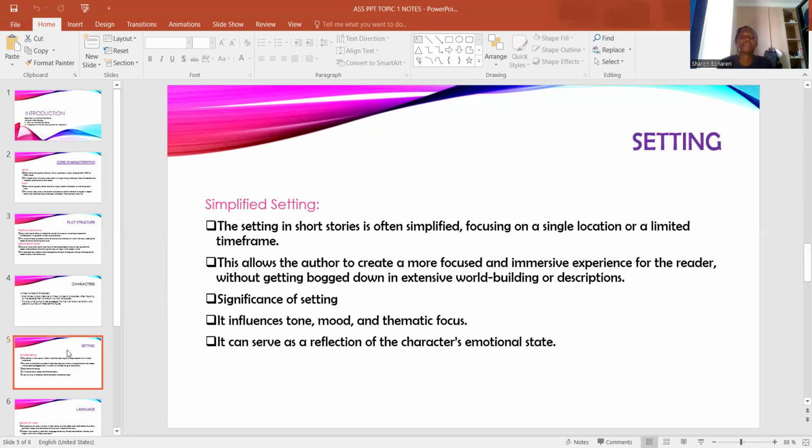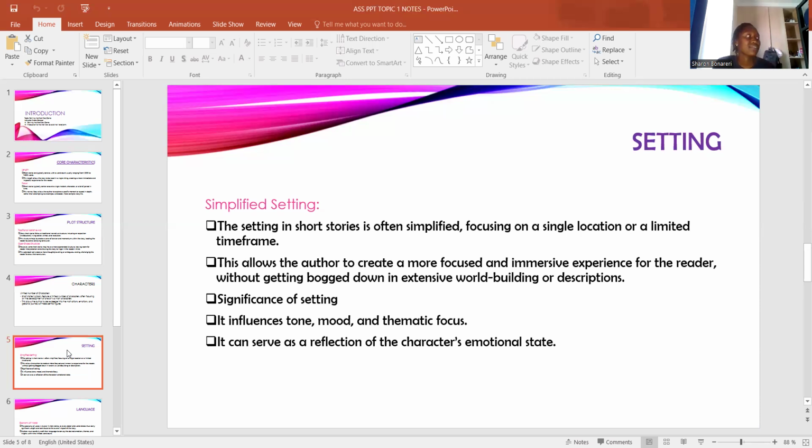The setting. The setting in a short story is actually simplified, focusing on a single location or a limited time frame. Since obviously it's a short story, what do you expect?